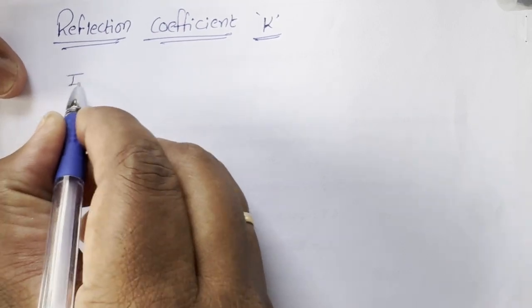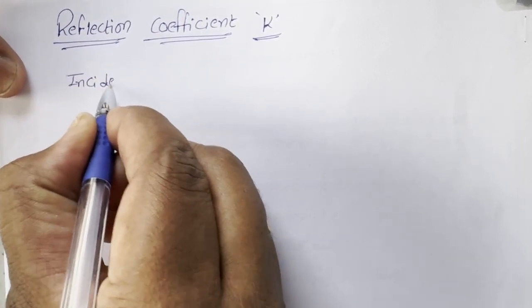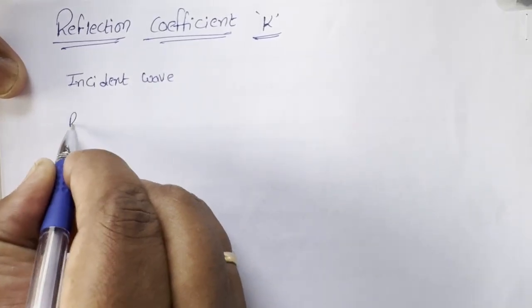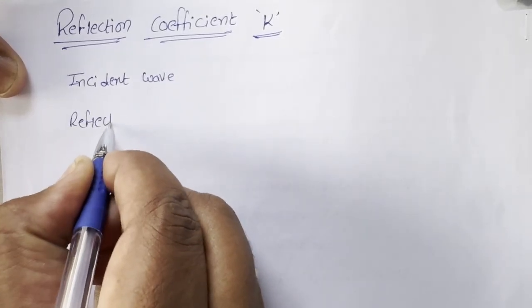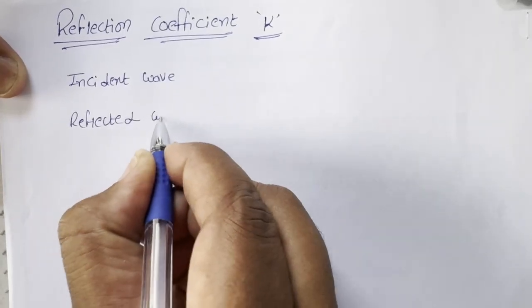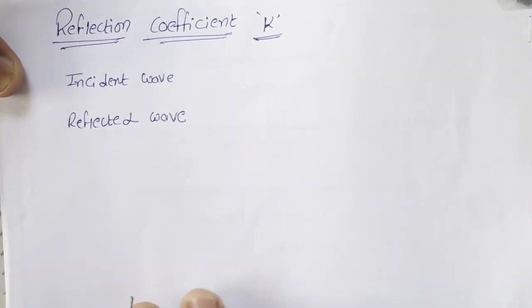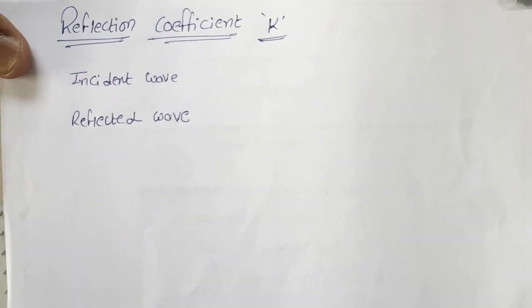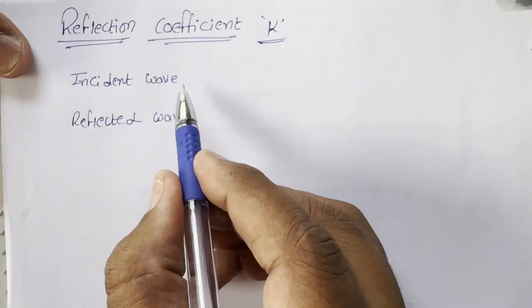First one is incident wave and reflected wave. These are the two points you have to know. And first thing, incident wave.